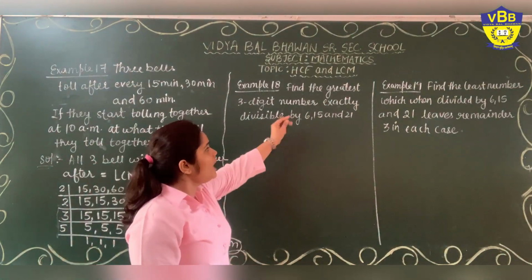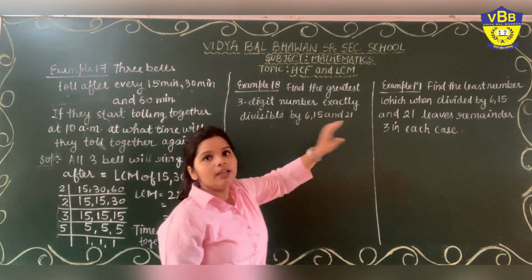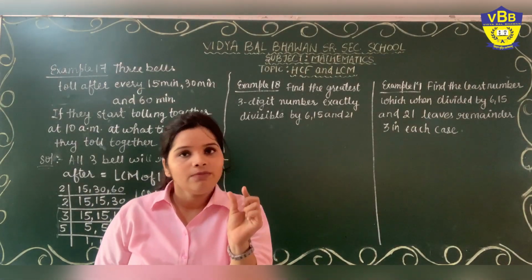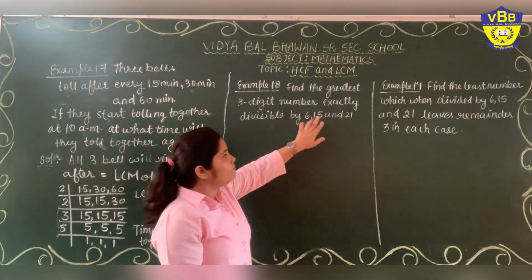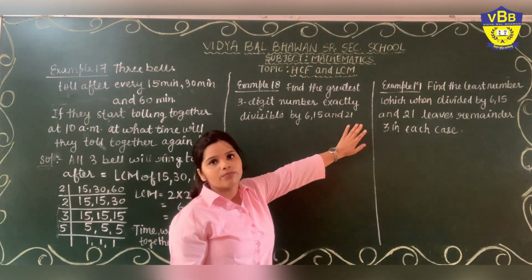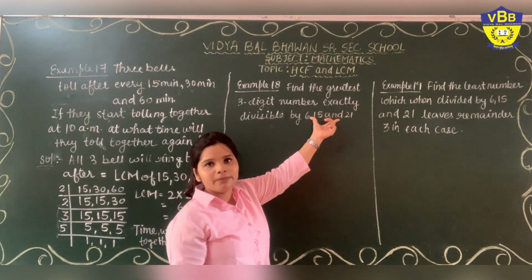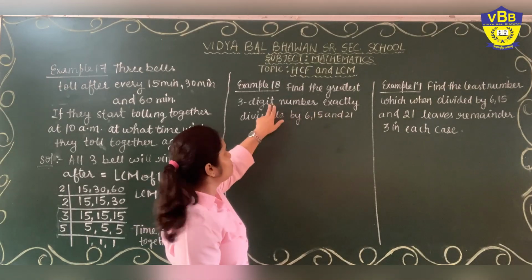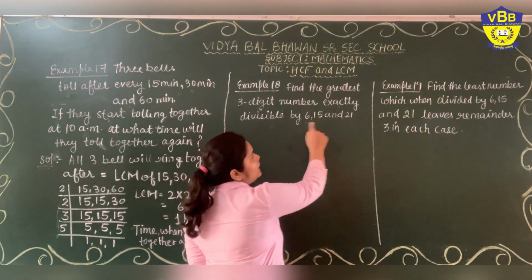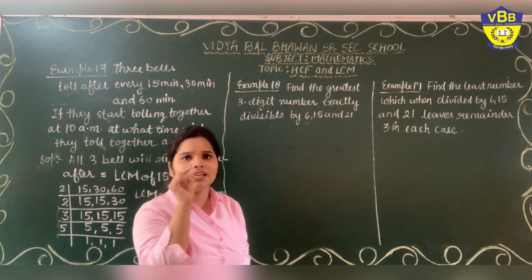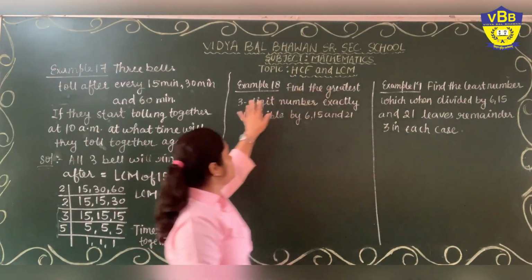That means if I find the LCM of 6, 15 and 21, that LCM will be divisible by 6, 15 and 21. So we need a number which is exactly divisible by these three numbers. There is one more simple condition, that it should be the greatest 3-digit number.